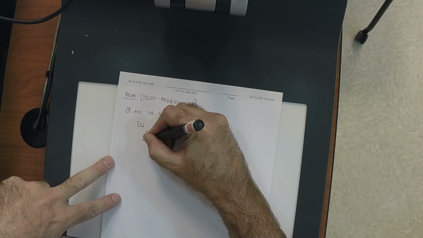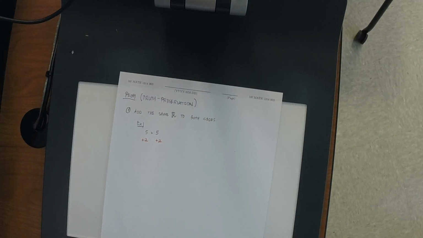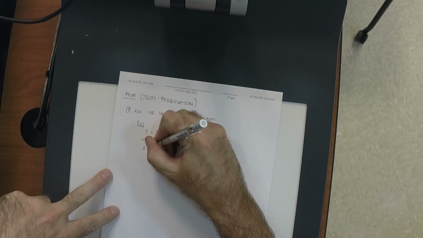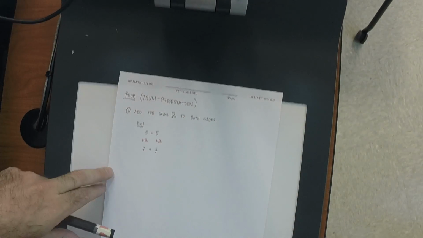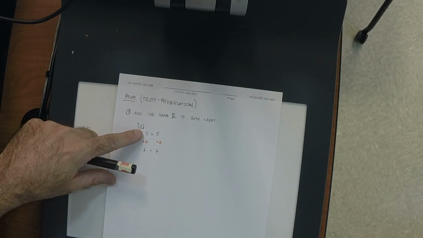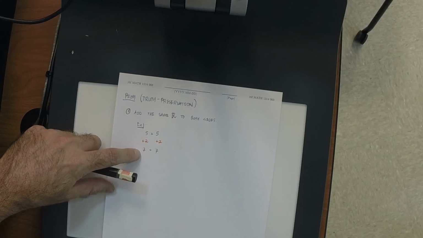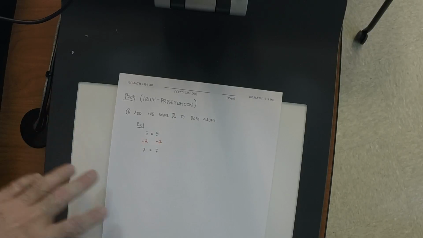So plus 2, say, and plus 2. What would the new left-hand side be? 7. And what would the new right-hand side be? Also 7. So the equation we began with, is it true? Yes, it evaluates true. The equation we ended with, is it true? Yes. So adding the same thing to both sides preserves the truth.